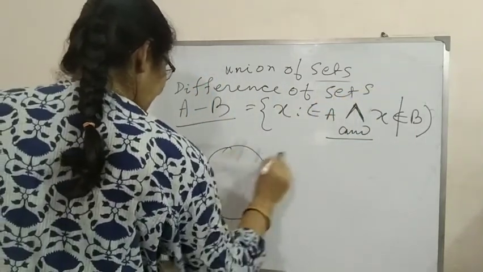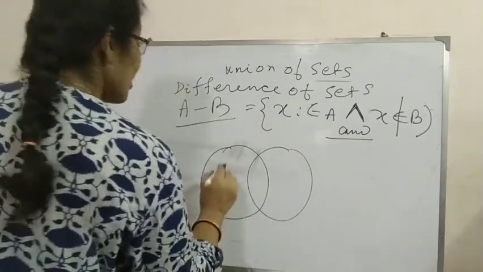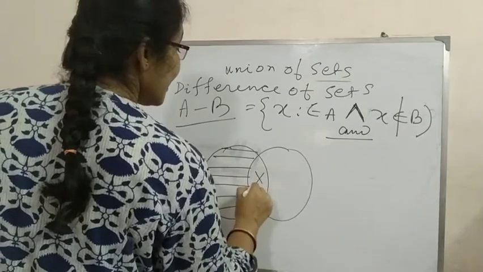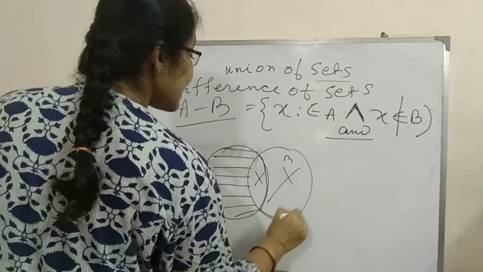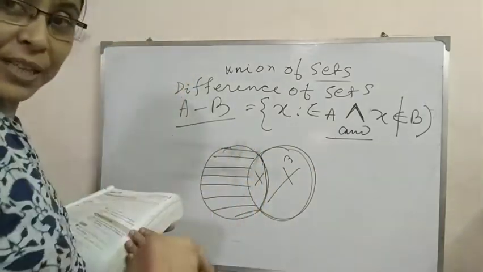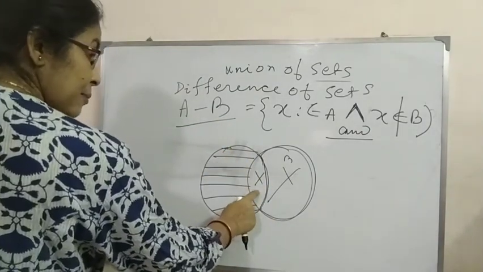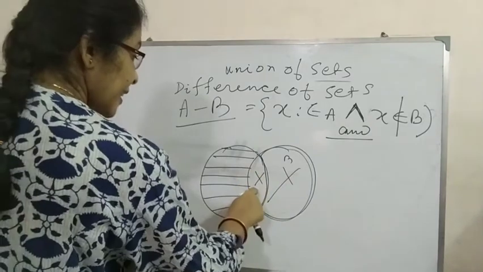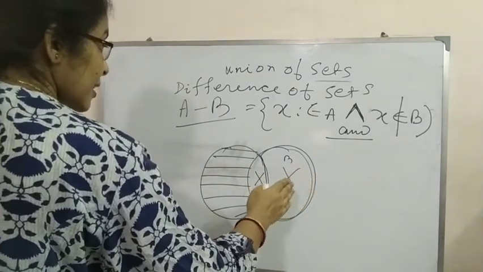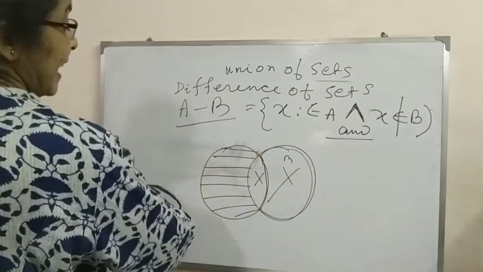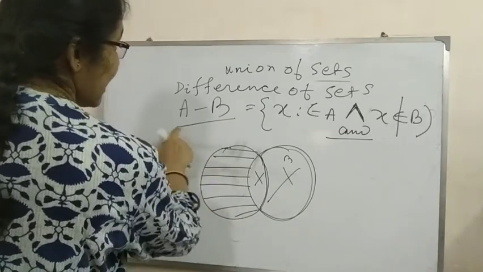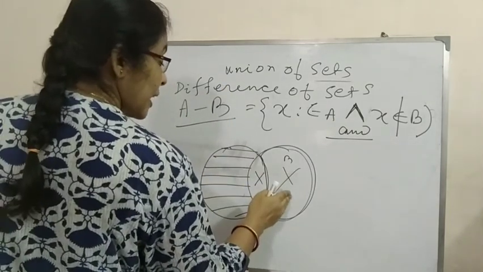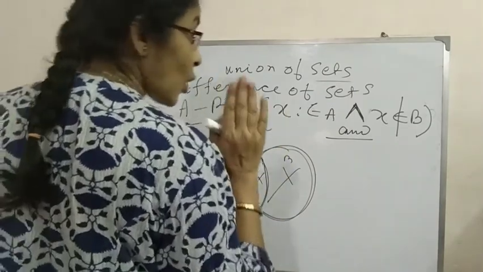If A is a set and B is a set, then X belongs to only A, not in B. This is only B, and this is A intersection B. That means here A contains elements of A and B, the common elements of A and B. It does not belong to the elements of A. This is only the element of A minus B. This is the only element of A where the common elements of A and B and the elements of B do not exist.